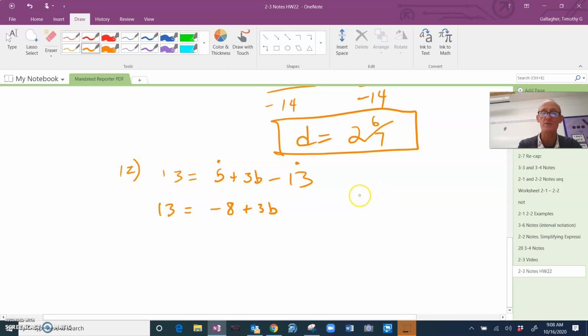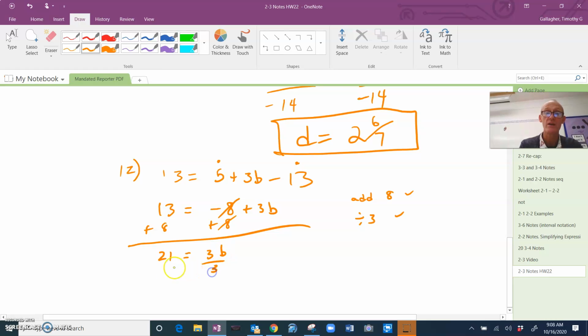Now it's two steps, and those are add 8 and then divide by 3. So we're going to add 8, and we get 21 here, and this is equal to 3 times b. Divide by 3. b is equal to 7. 21 divided by 3 is 7.